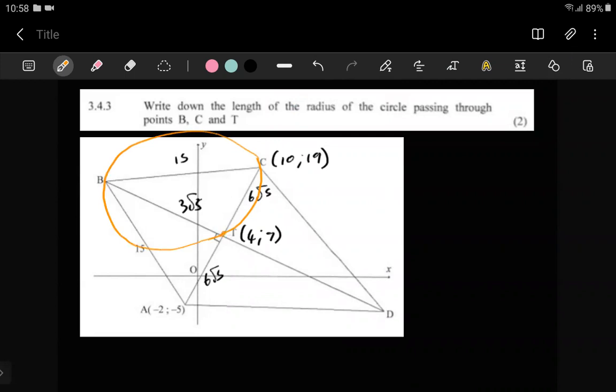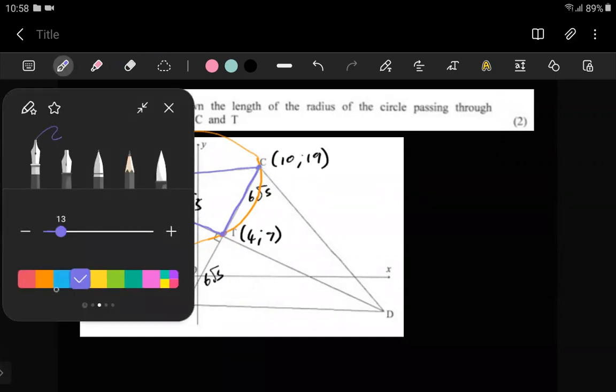Now, the idea with this circle is that inside it you have a triangle that has a 90-degree angle. So anytime you have a right angle triangle touching the circle, let me just write it out.